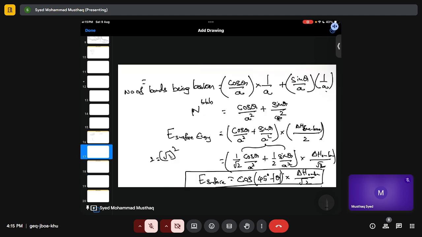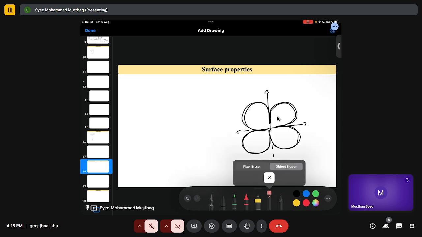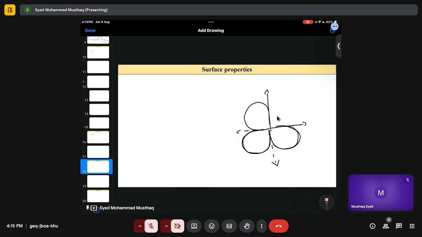Here, this relation, I will write it above. Just one line, I hope you will understand this. Just one line, okay? It's not two lines, just one line.